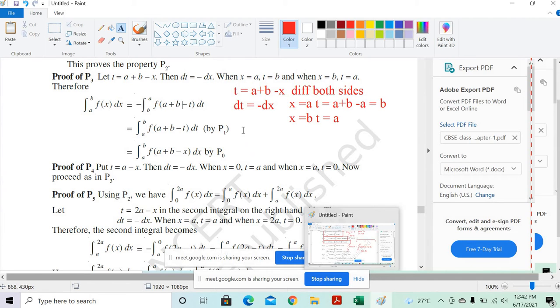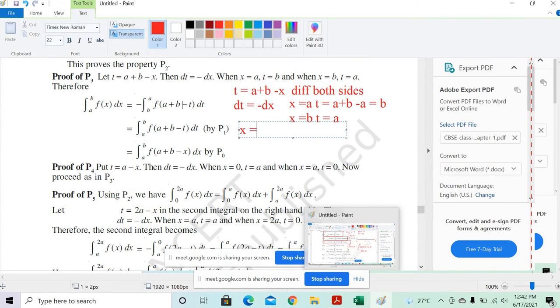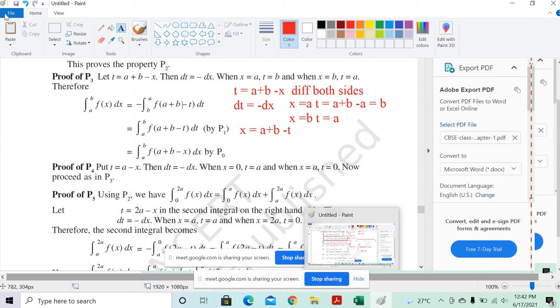From here, you make x the subject, so x will be equal to a plus b minus t, isn't it?